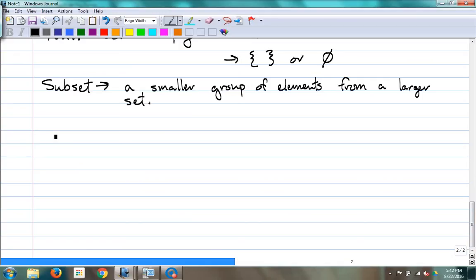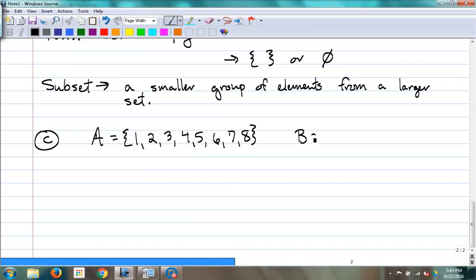So let's look at an example or two. Okay, so let's say we have a set, and we'll call it set A. Okay, so these are the givens in the problem. Set A has the numbers 1, 2, 3, 4, 5, 6, 7, and 8 in that set.